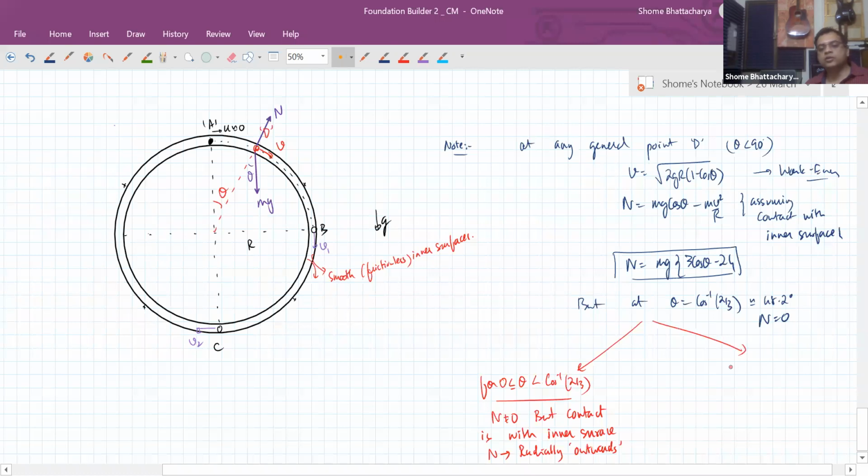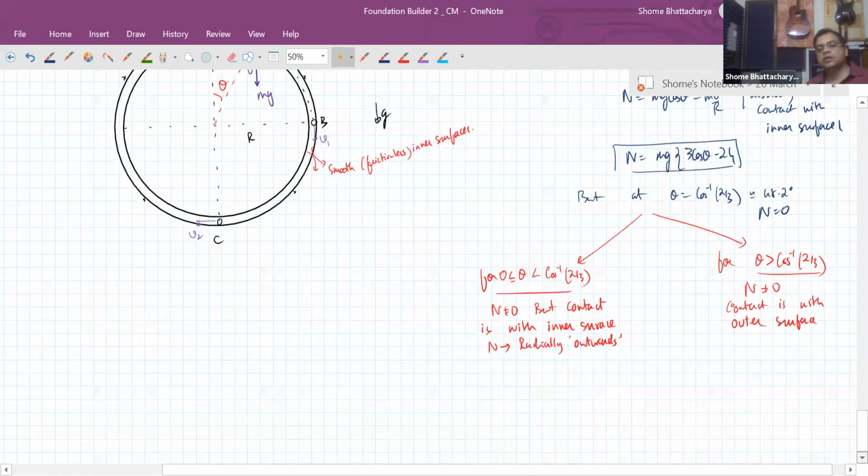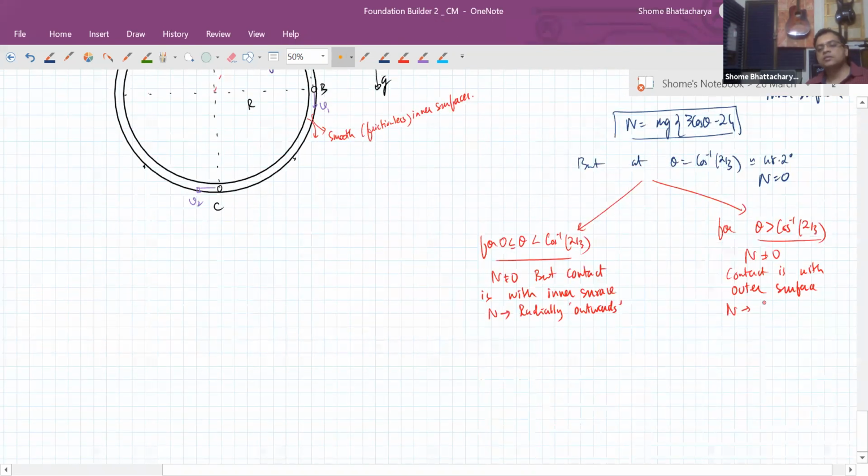But the moment we cross this point, for theta greater than cos inverse 2 by 3, normal reaction again becomes non-zero, but contact is with the outer surface, like we saw for the point B. So normal reaction is radially inwards.